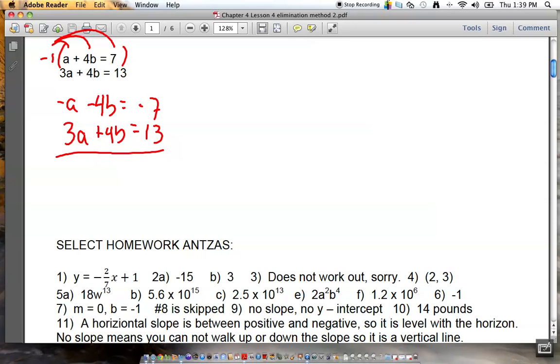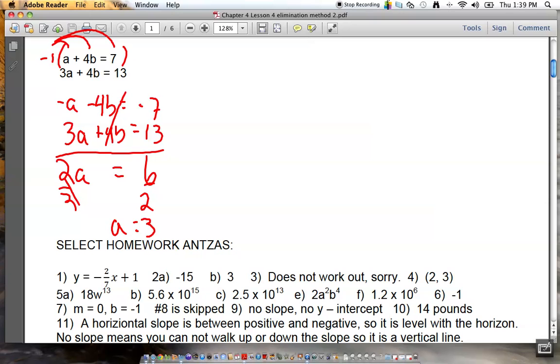Okay. Now, what's a negative a plus 3a's? How many a's? 2a, good. I love it. They're matched up perfectly. Negative 4b and positive 4b add up to nothing. What's negative 7 plus 13? 6. Divide by 2.